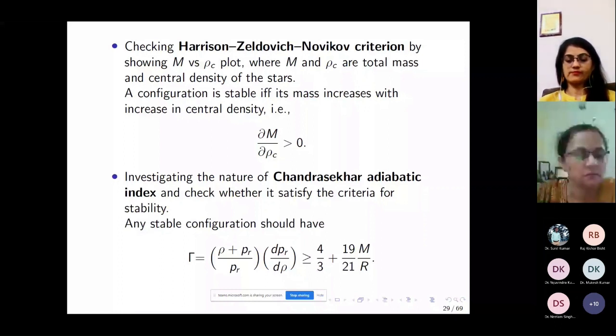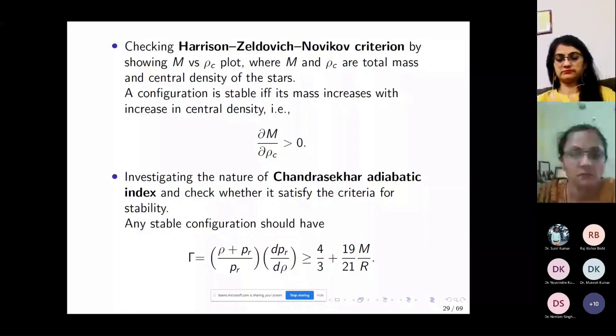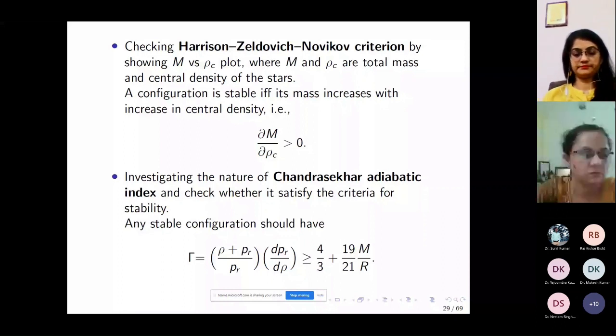Later this formula was modified so that the left hand side quantity must be greater than or equal to 4/3 plus 19 m by 21 r.